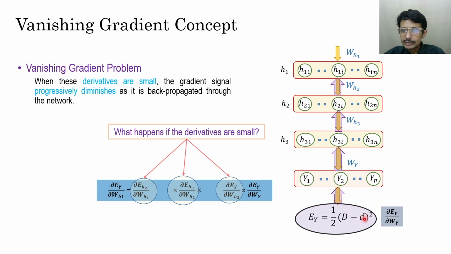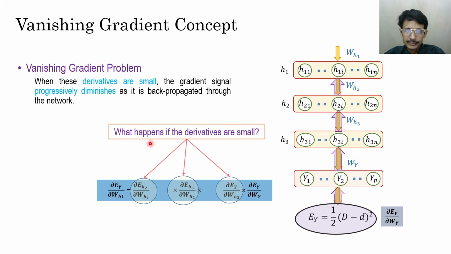This is the y, this is the output, and we get this. Dy is basically half of d minus d square. Okay. So the idea is basically this. The error gradient is first calculated here, and for every step we keep on multiplying with this.